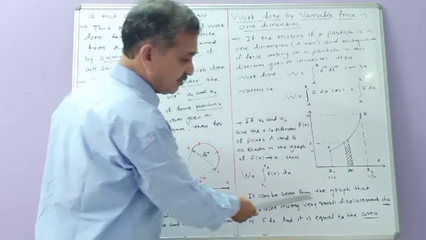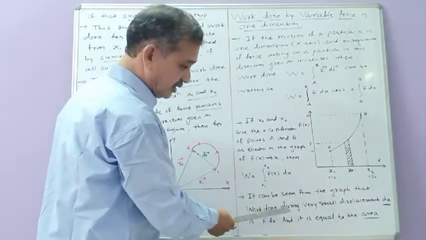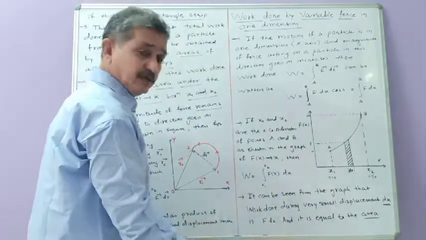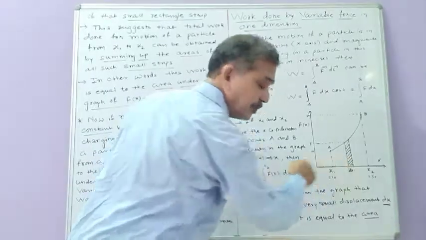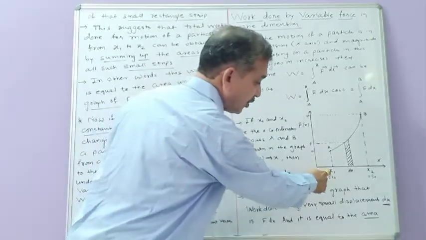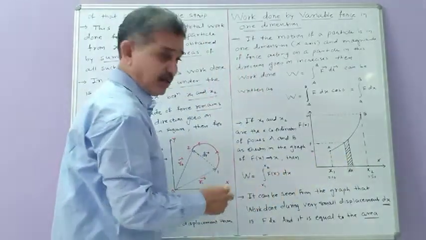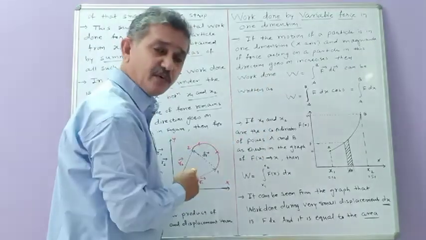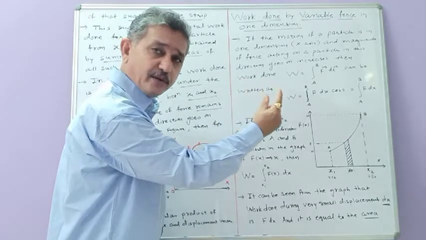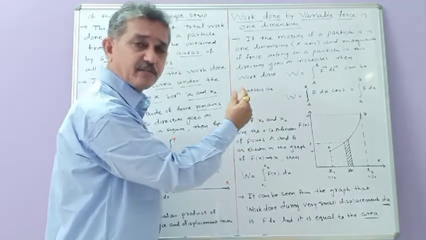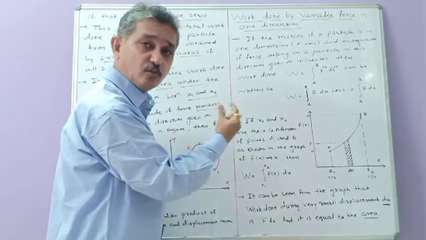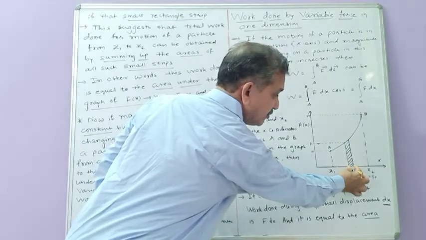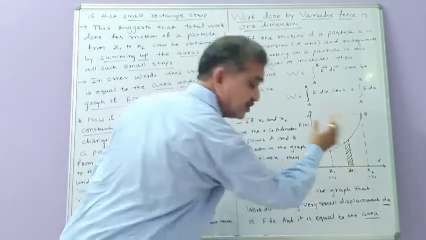Now it can be seen from the graph that work done during a very small displacement dx. During the motion from 10 centimeter to 50 centimeter, that is from x1 to x2, if I consider a very small displacement, lying between any values, that may be 0.5 centimeter, 0.3 centimeter, 0.2 centimeter, 0.1 centimeter, then corresponding to that displacement there should be a width, and that width is denoted by the symbol dx.